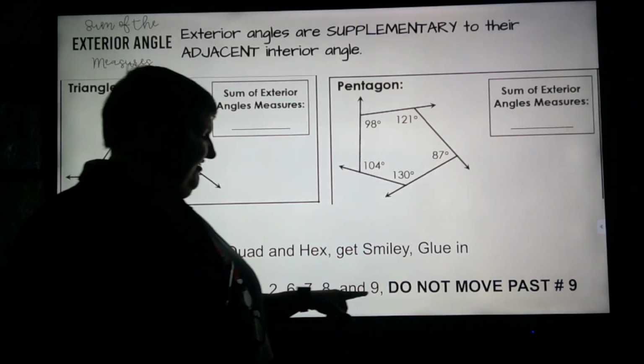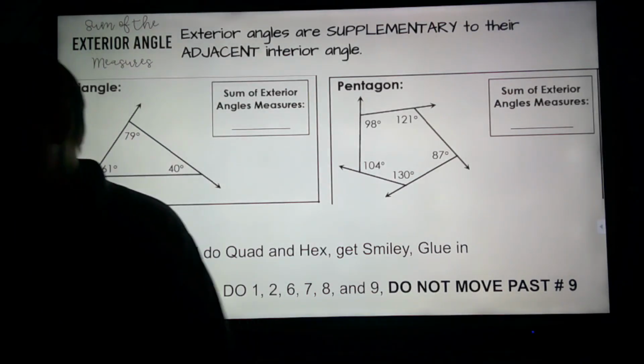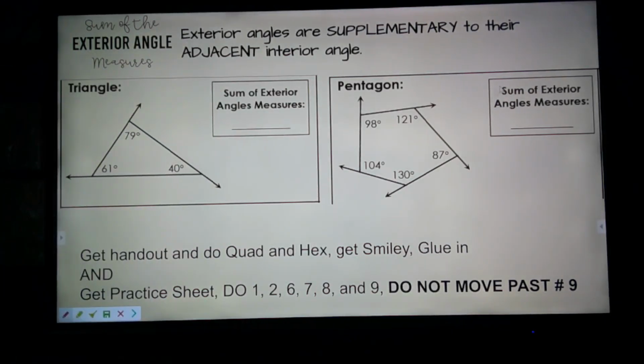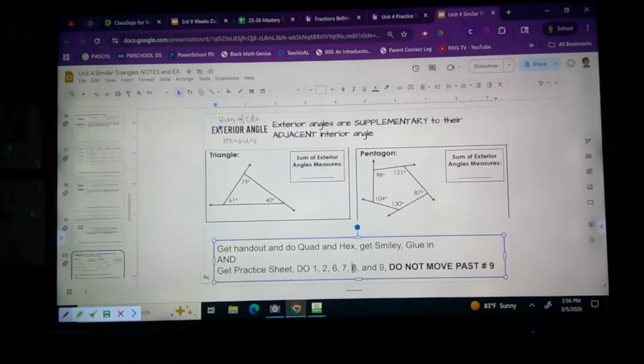Do 1, 2, 6, 7, 8, 9. Do not, oh wait, it needs to say 10 and 11. Do not move past number 9. This is hopefully part 1. Do 6, 7. I think they're out of order. It doesn't matter.